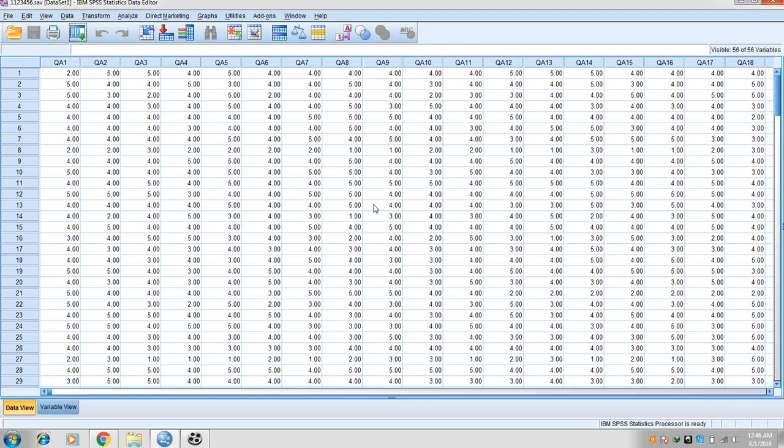All the items for your dependent and independent variables should be brought into the variable box, and before this factor analysis, the following rules of thumb and requirements for conducting factor analysis should be checked.